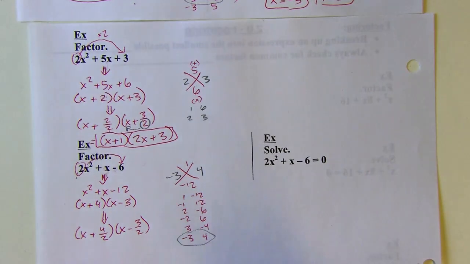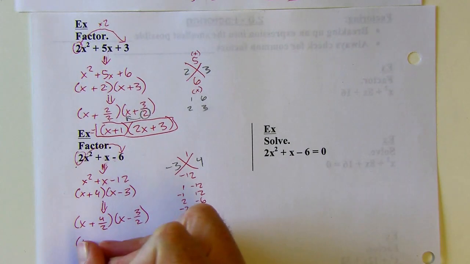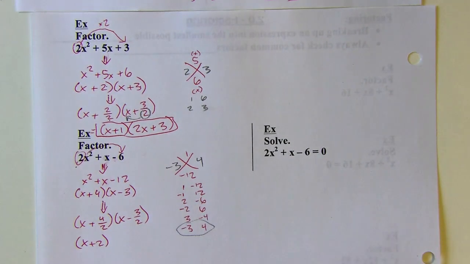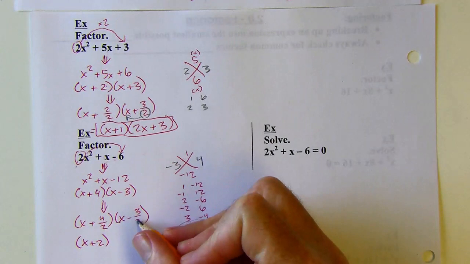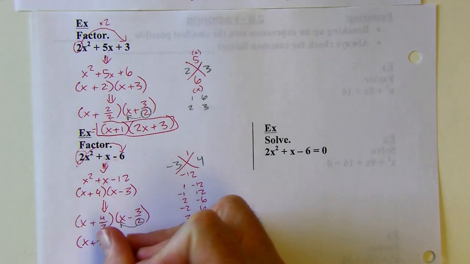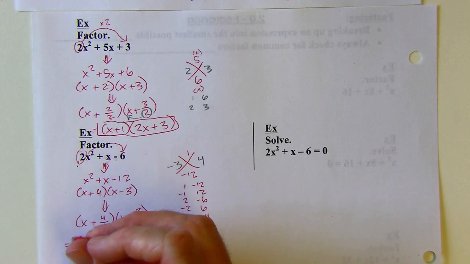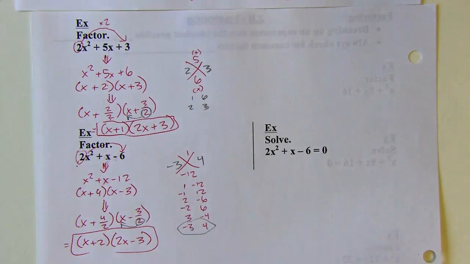Okay, then I'm doing the division here. And I can't simplify 3/2 anymore, so I pull that 2 out in front of the x. Okay, and there we go.